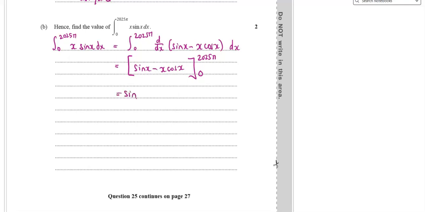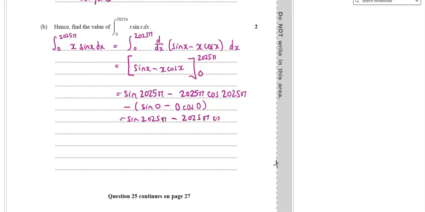So it's sine of 2025 pi minus 2025 pi times cos of 2025 pi, and all of that then subtract sine 0 minus 0 cos 0, and all of that is 0. Okay, so let's think about what we've got. We've just got those first two terms, sine 2025 pi minus 2025 pi times cos of 2025 pi.